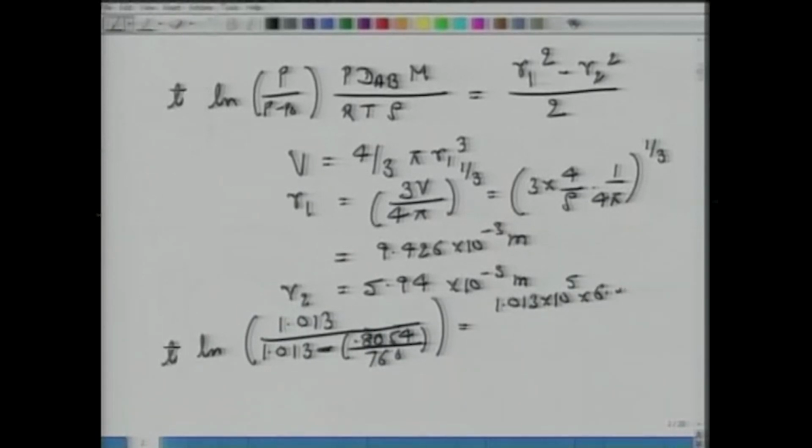The diffusion coefficient is given as 6.92 10 to the power minus 6. Molecular weight is 128. R is 8314. Temperature is 318 Kelvin.